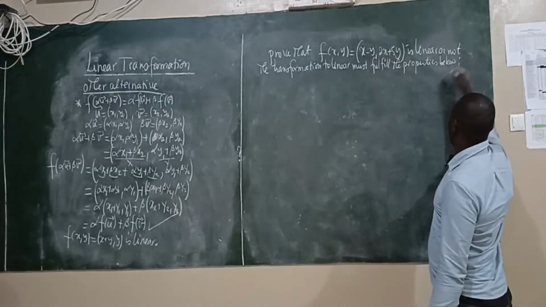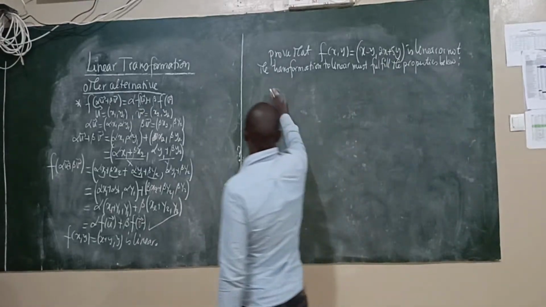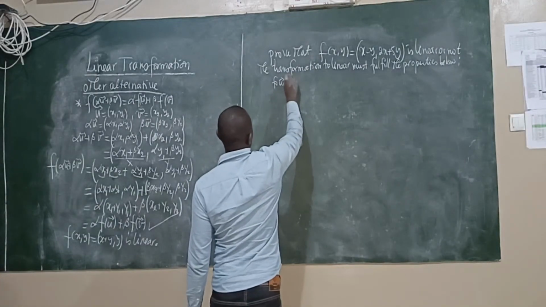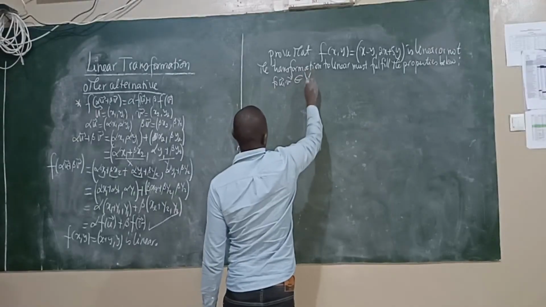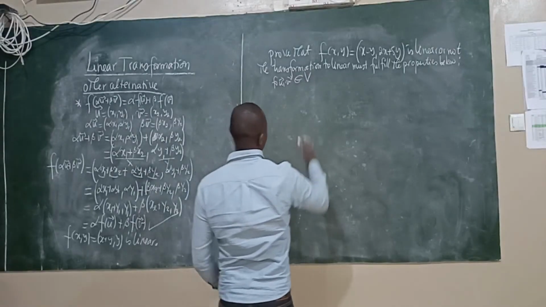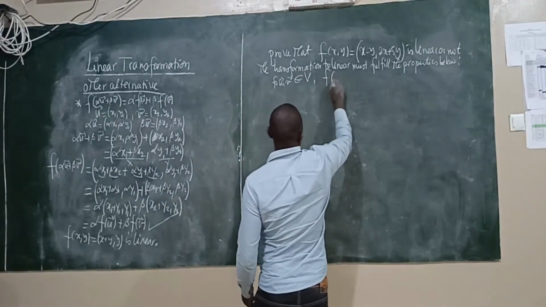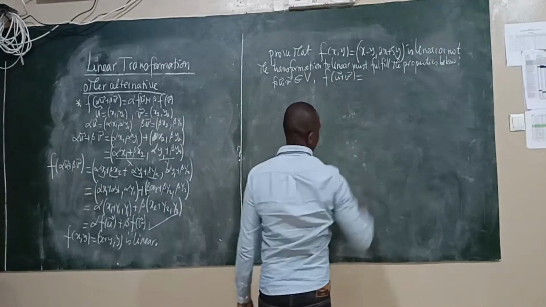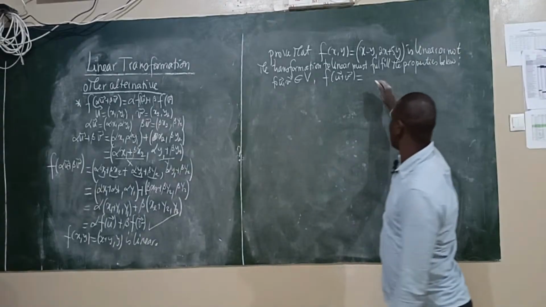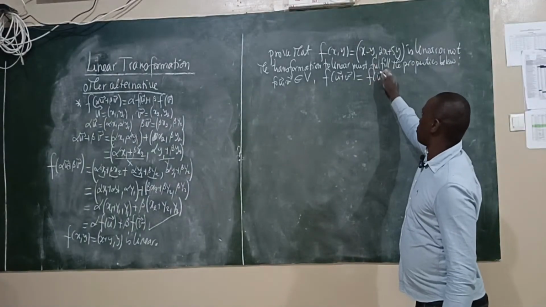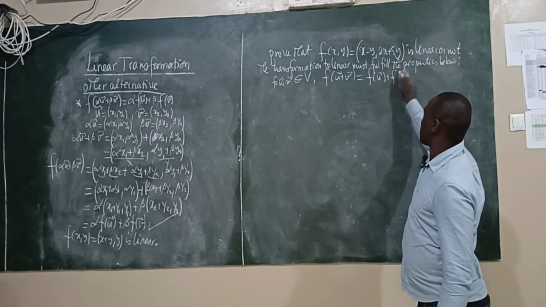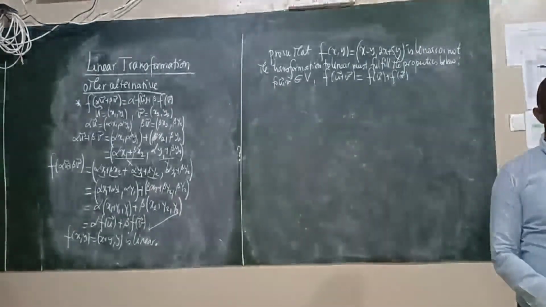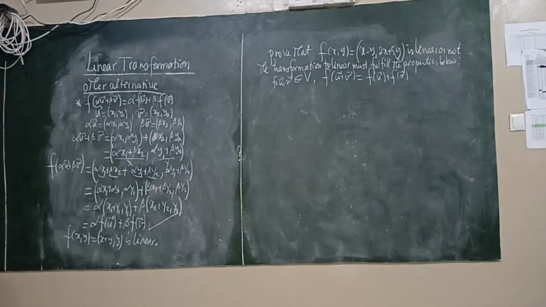Property 1: for u and v in vector space V, f of u plus v must be equal to f of u plus f of v. Hope you are getting that.